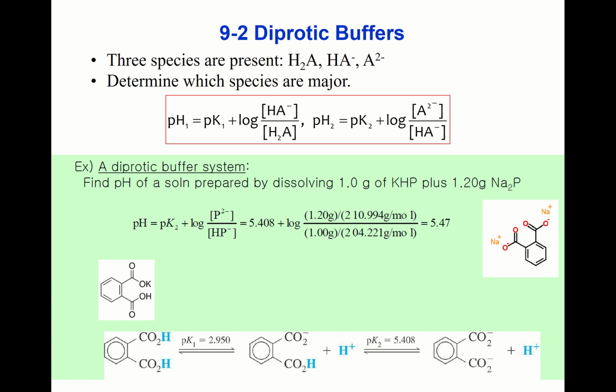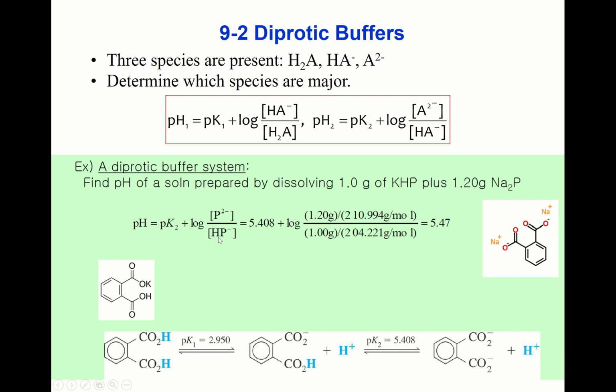Since the volume is the same, we take a mole ratio. The moles of phthalate: the formula mass of sodium phthalate is 210.994, so the moles of 1.2 gram is given by this.